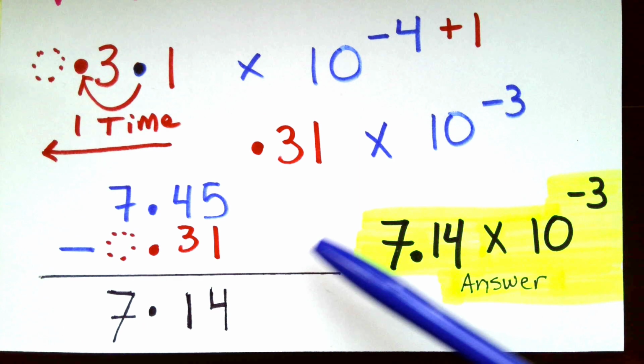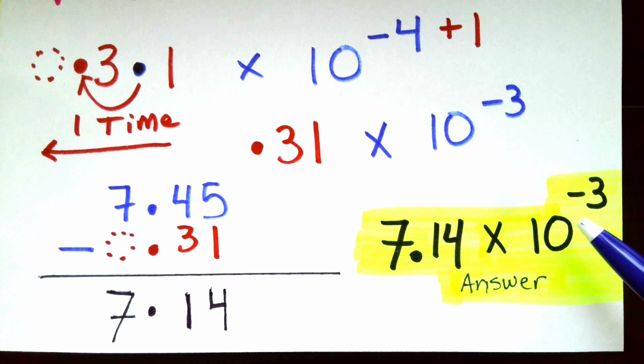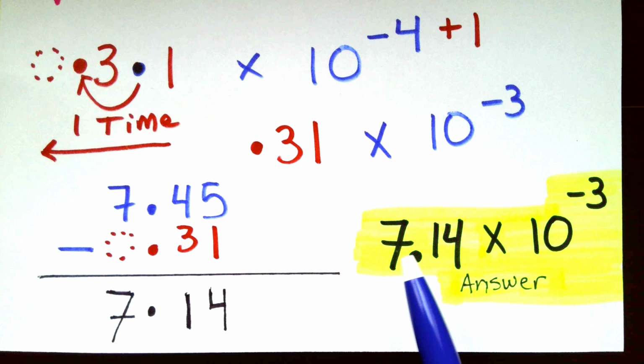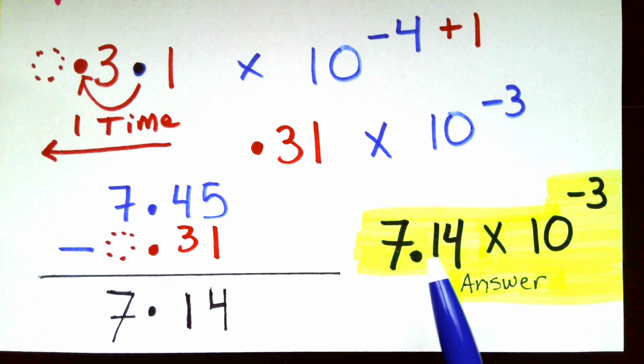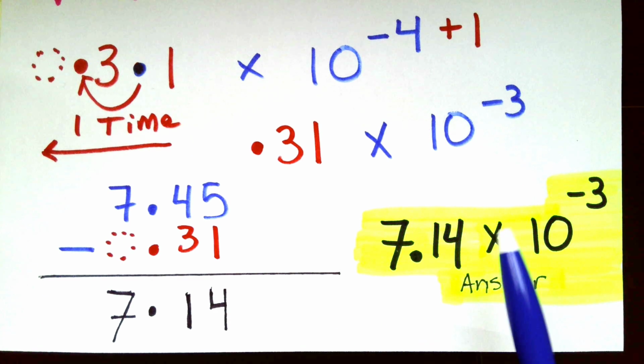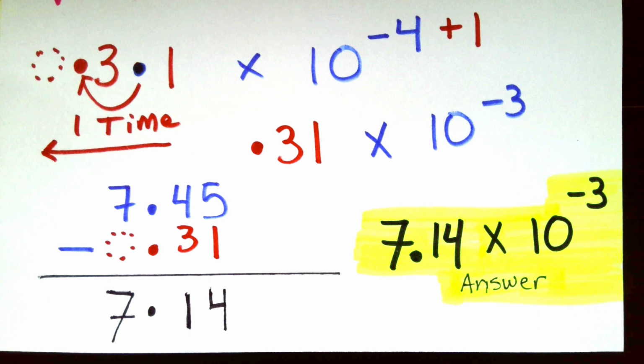So our answer is going to be 7.14 times 10 to the negative 3. Of course, before you can say this is your answer, you have to ask the question: does 7.14 fit the criteria for scientific notation? Is it a number between 1.0 and 9.9? Yes, it is. So this is your answer.